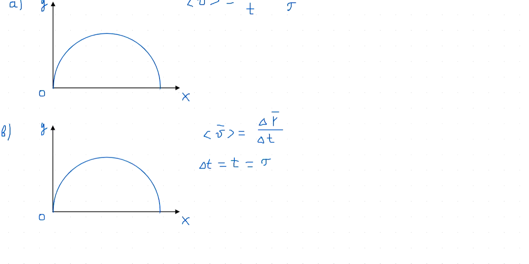Displacement vector, I'll remind, begins at the initial point and ends in the final point. So we have to connect initial and final position of material point. Okay, and what is initial position?